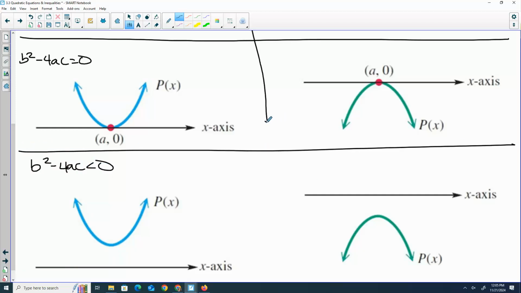So in terms of our graph, that means it never hits the x-axis. So we know a little bit about the shape of our graph, and this is going to be helpful when we move into the next few sections. All right. Any questions there?